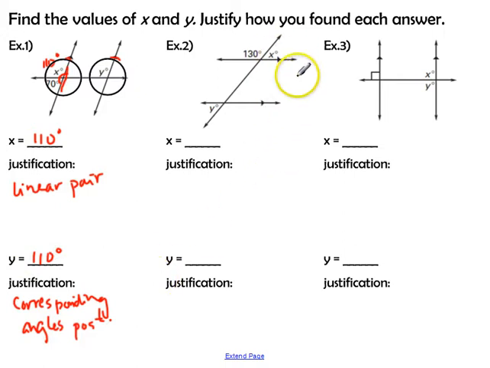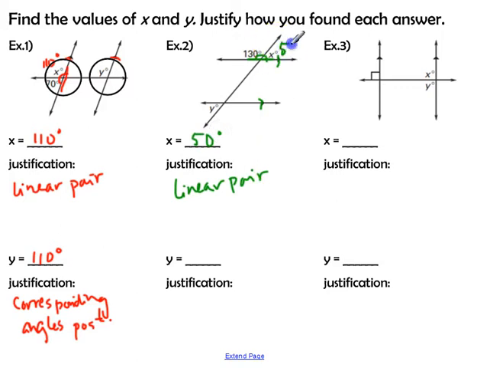Let me walk through the second one with you. We're given, again, note that these are parallel, so we're going to be using the theorems or postulate. This angle is 130. Again, to find x, we have another linear pair. So x and 130 have to equal 180, so that means x has to be 50 degrees.